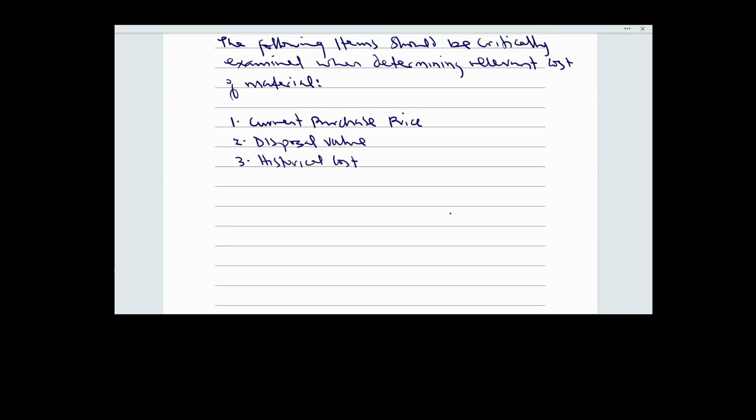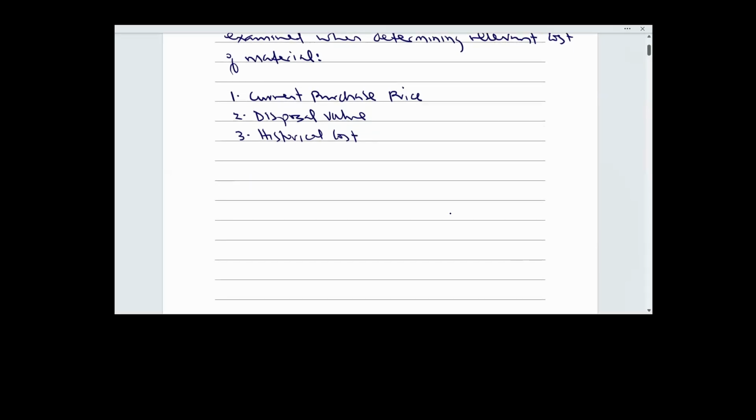Certainly, there is no way you are going to have a question on relevant costing that you are not going to meet at least two of these three line items that I just mentioned. At least you see two of them in a question. How do you treat it when you see it? That's what we want to discuss.